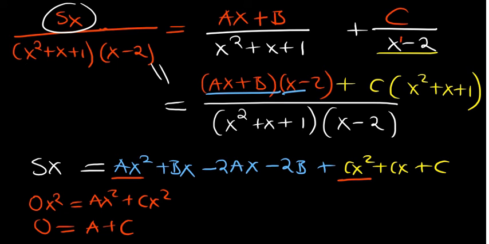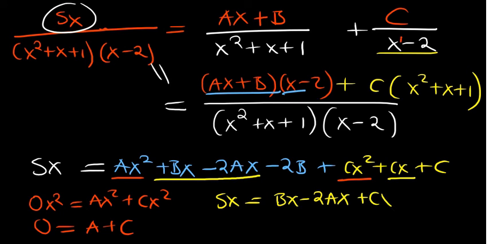Any part having x, so 5x is there, so we have 5x being equal to, and then on the right hand side this part is having x, so we have bx minus 2ax and then plus cx.